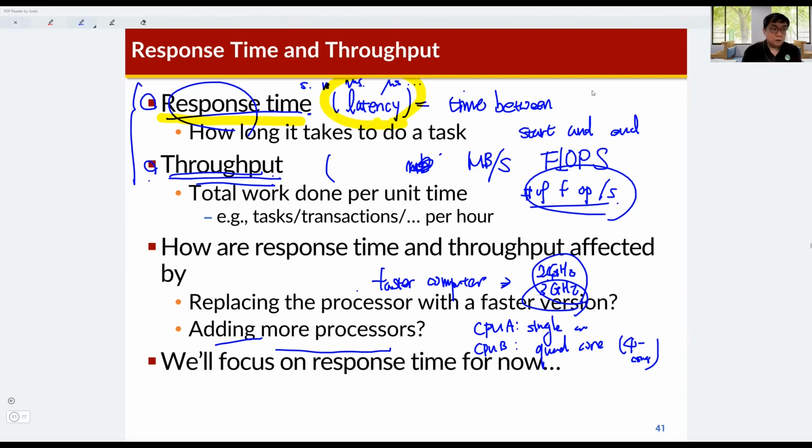For this throughput, we use metrics like megabyte per second or FLOPS, floating point operations per second. So the performance metrics of response time and throughput look similar to each other, but we need to distinguish them, okay? Response time and throughput.